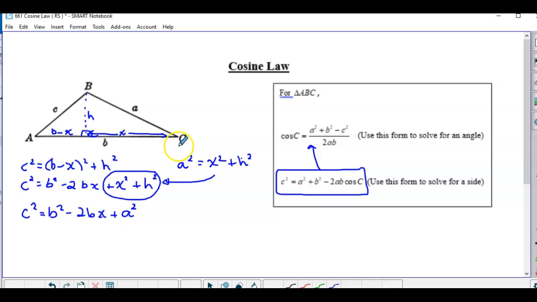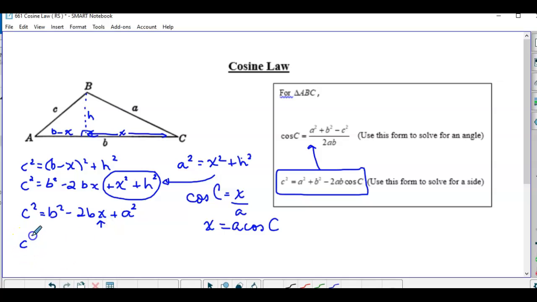And so if I take a look at angle C here, cosine of angle C, so another equation, cosine of C will be adjacent, which is x, over hypotenuse. So now, if I solve for x, I'll get a cos C, and then I can substitute it in for x there.